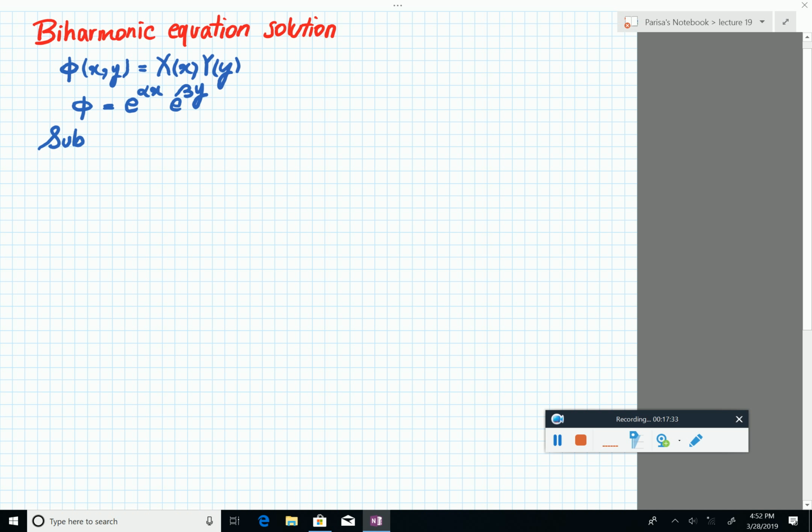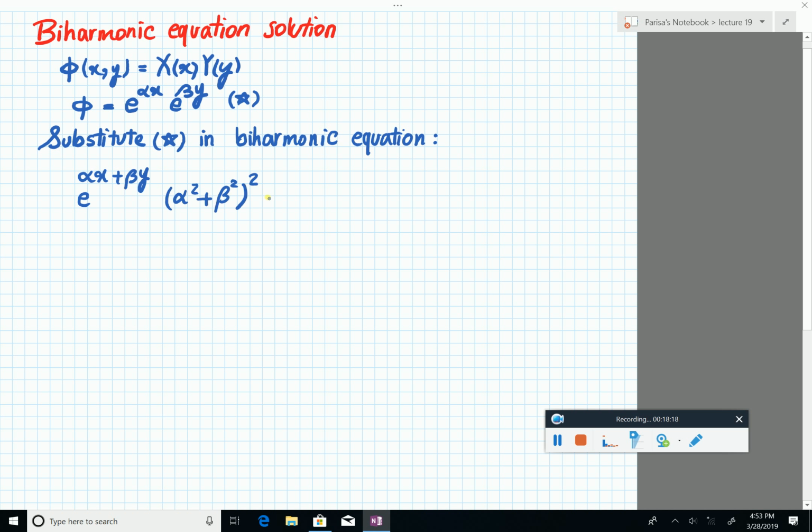When we want to see if this satisfies the biharmonic equation or not, we substitute, let's call it with a star, in the biharmonic equation, and this gives us... if we do that, just like before, if you want to make sure that this is a solution for all x and y, what we want to ensure is equal to 0 is this part. So that becomes the characteristic equation.